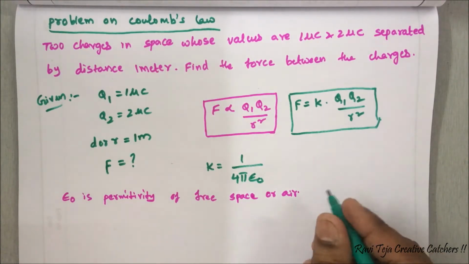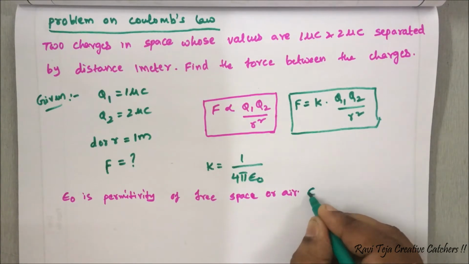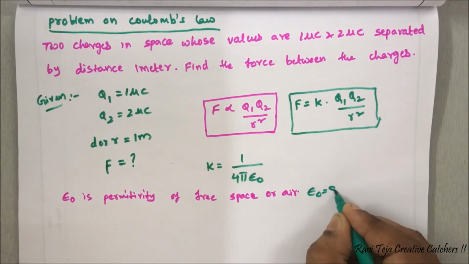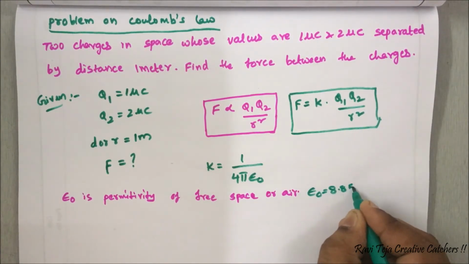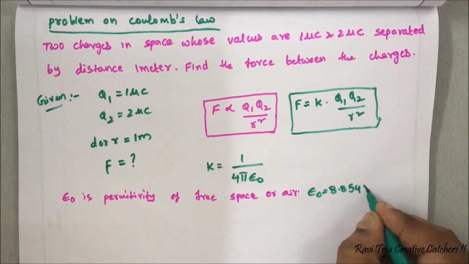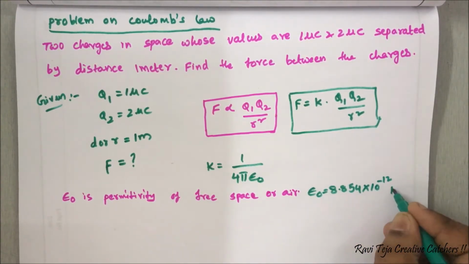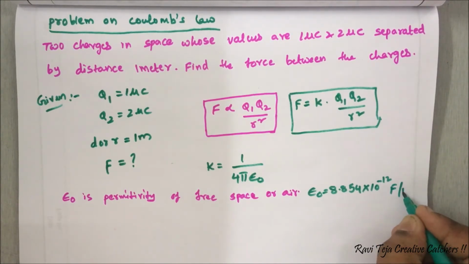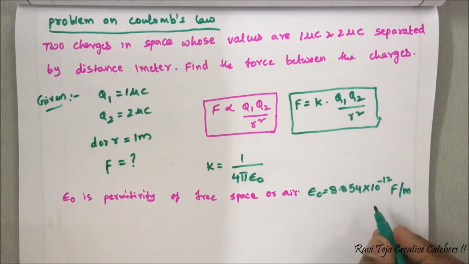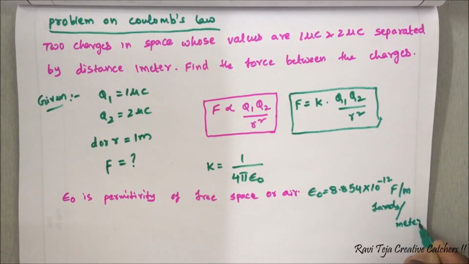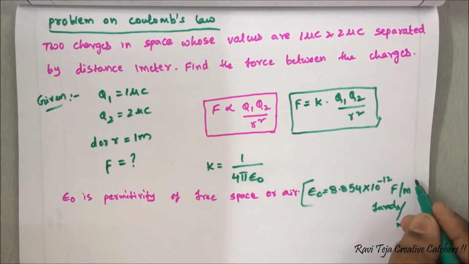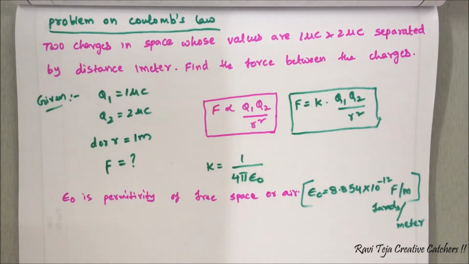Epsilon naught is equal to 8.854 into 10 power minus 12 F per m, where F is farads and m is meter. This value you need to remember.